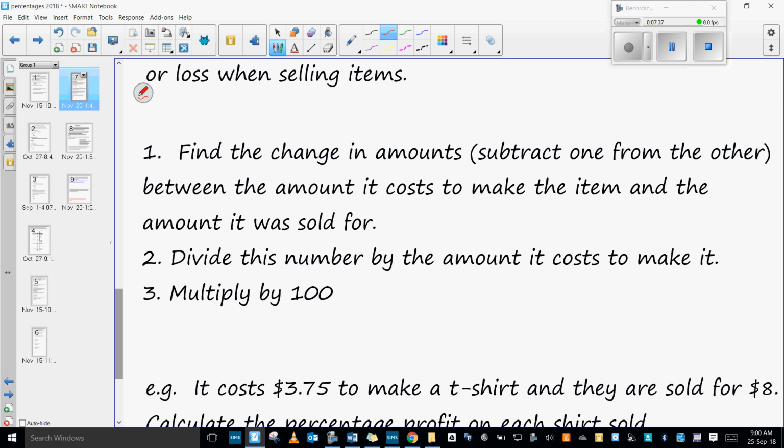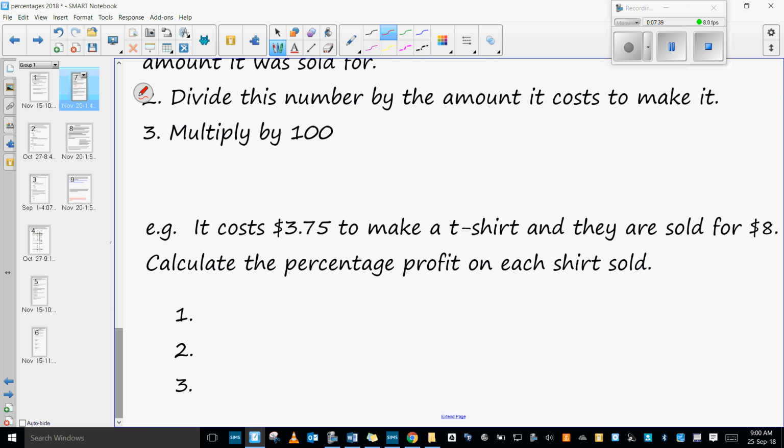So it costs $3.75 to make a t-shirt. They sold for $8. Looks like a healthy profit to me. Calculate the percentage profit. And we know it's a profit because we sold it for more than it cost us to make it. So our first step is going to be 8 subtract $3.75.